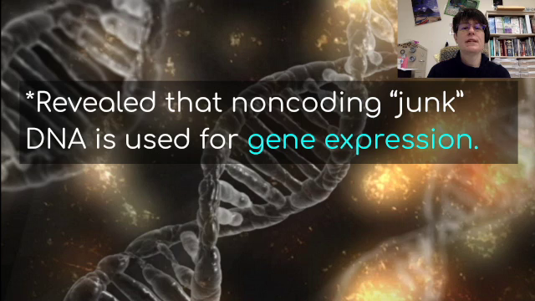It revealed that non-coding junk DNA is used for gene expression. When I was your age, I was taught that our DNA was mostly junk DNA that did not code for anything. In fact, only about 1.5% of your DNA actually codes for proteins like we've talked about in class, and we did the decoding.